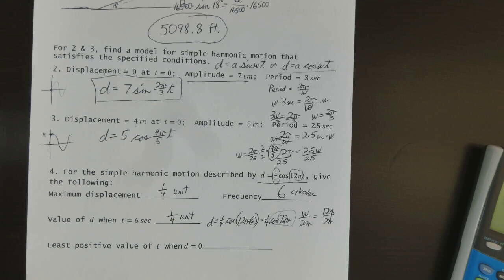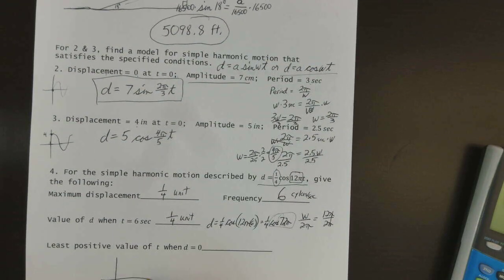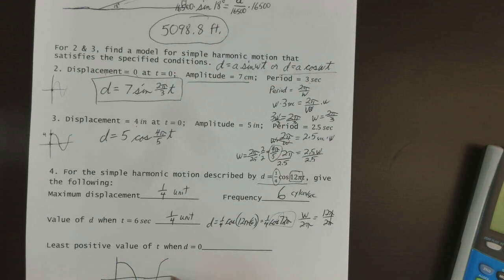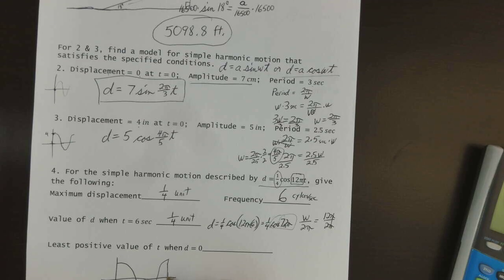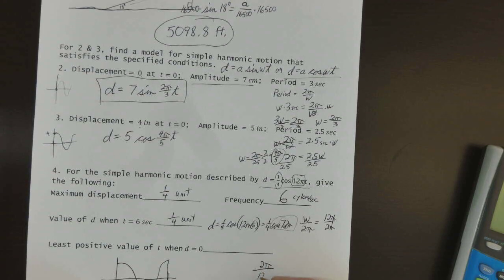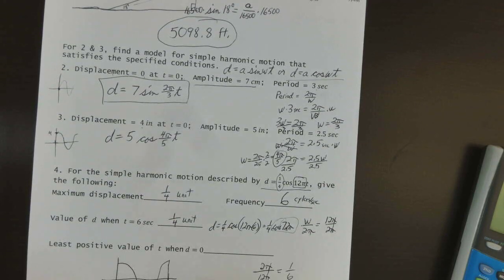And what's the least positive value of t when d is 0? So it is a cosine function. The period is 2 pi over 12 pi, which is 1/6. The period is 1/6 of a second.